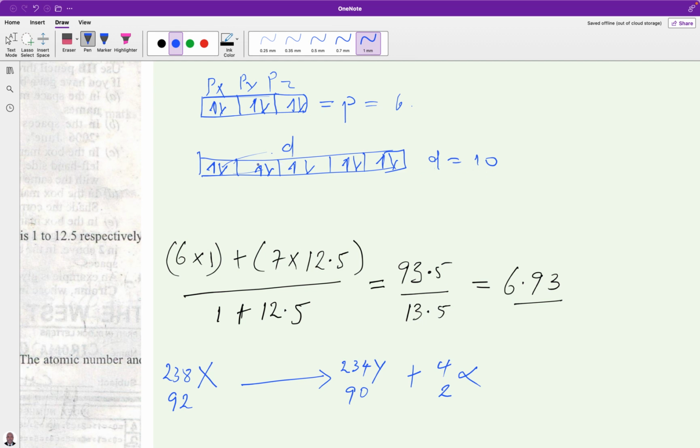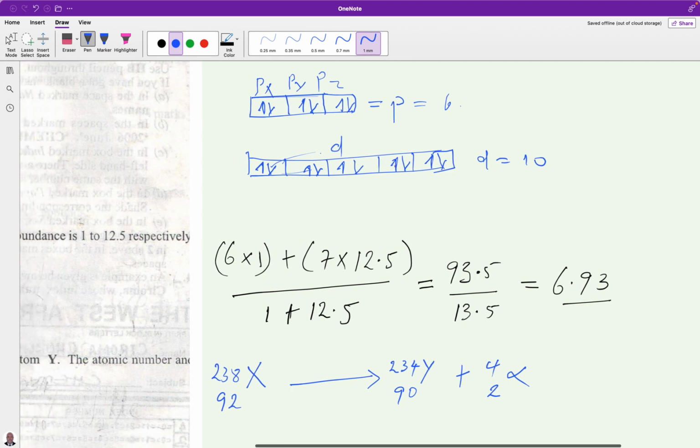The D orbital has 1, 2, 3, 4, 5 d subshells. So it has a total of what?